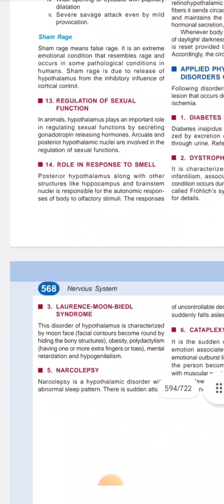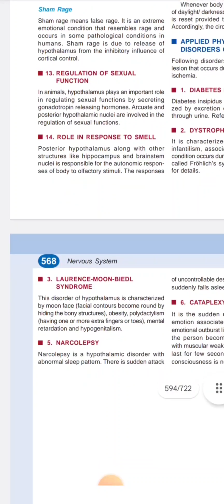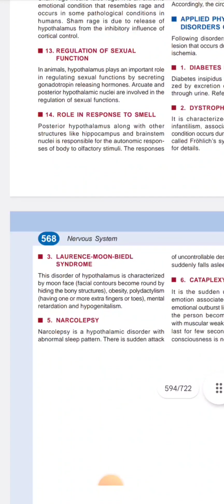So next function is regulation of sexual function. So like thalamus, hypothalamus also plays an important role in regulation of sexual functions by secreting gonadotropin releasing hormones. So gonadotropin releasing hormones further release FSH and LH in females and testosterone in males. Next, role in response to smell.